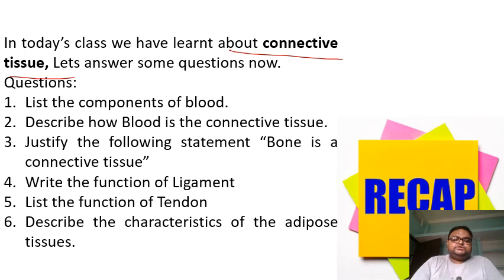When there is the presence of fat globules, it will serve as an insulator, right? And the function of adipose tissue is that it is helpful in packing and it serves the purpose of insulation. So these are the different functions of the adipose tissue.